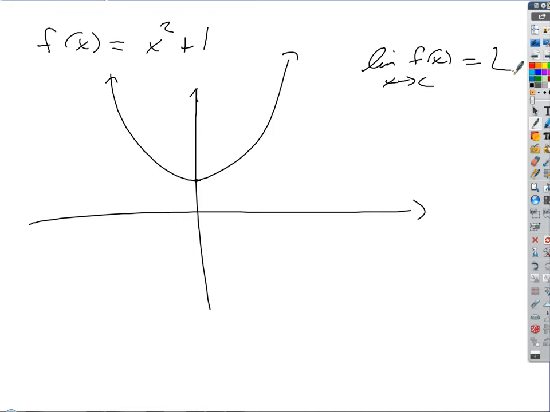So let's take a function like this. What is the limit of this f of x as x approaches -1? Answer is 2. How'd you get that?